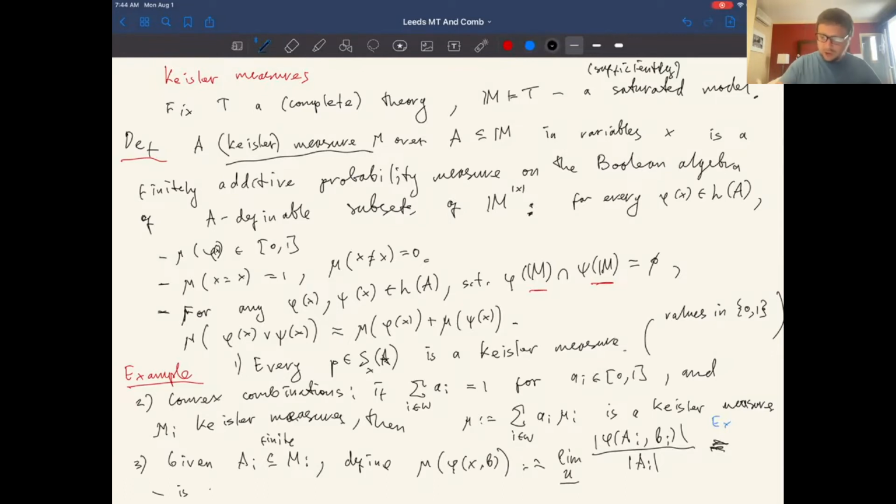Alternatively, we can take the standard part of the nonstandard cardinality resulting from this. So we can take the standard part of these cardinalities, phi of A_i, b_i over A_i, for i in I modulo the ultrafilter U.